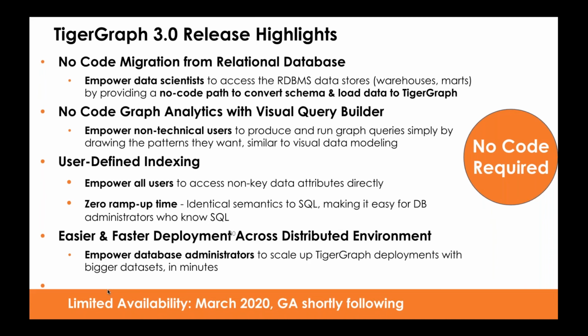One is no code migration from relational database. As you can imagine, most of our users come from relational background, and their data is residing in RDBMS data stores. So the quick question is, how do I move the data into a graph store so I can start exploring?